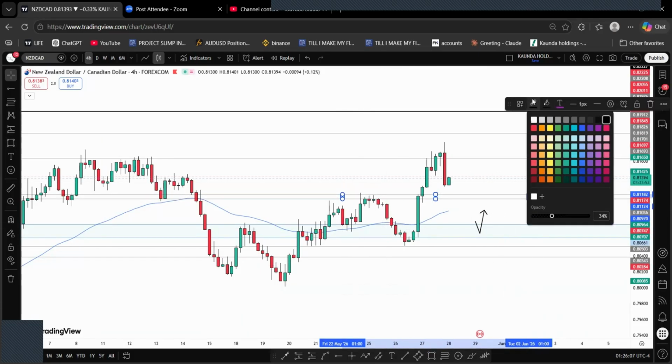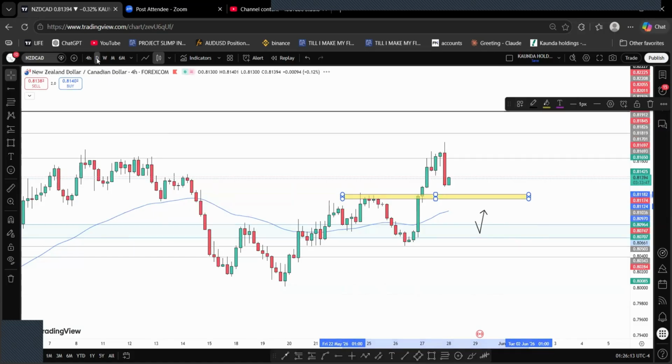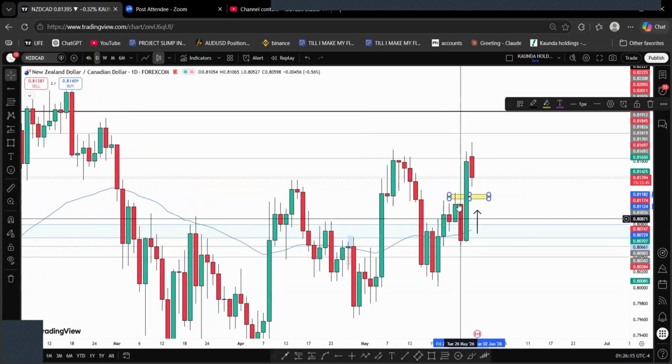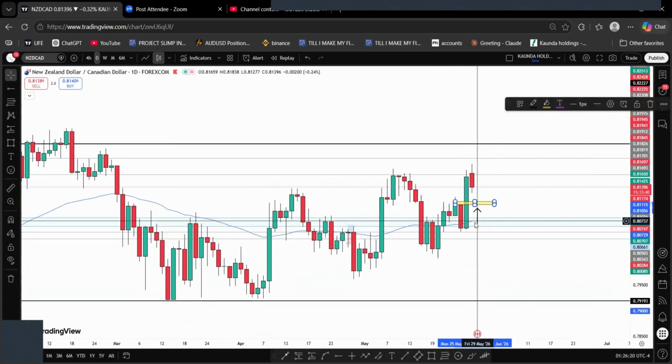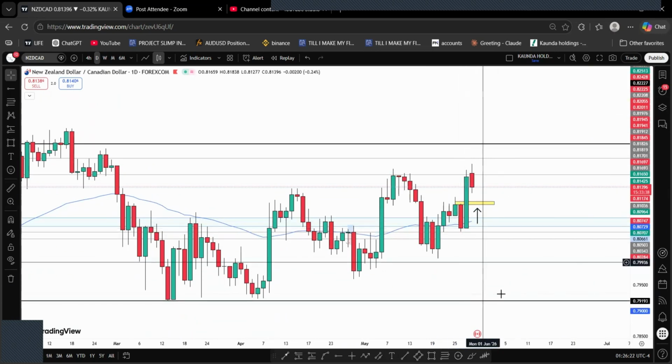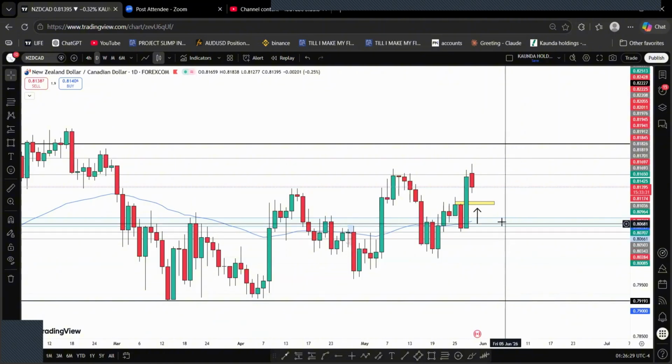And I told you, let me do this first. I told you in the daily time frame that this trade has already been entered because of this weekly. So you see why I'm still waiting for price to come back here?